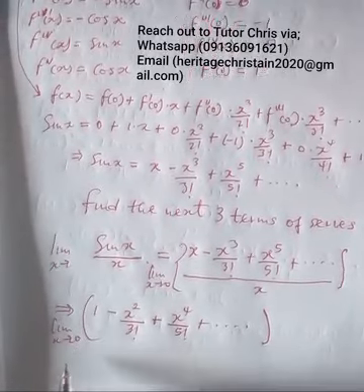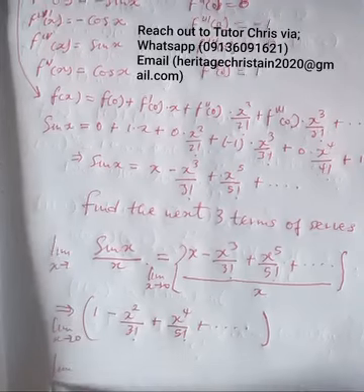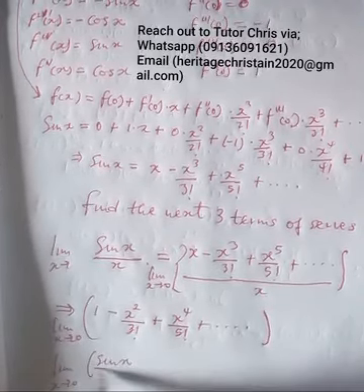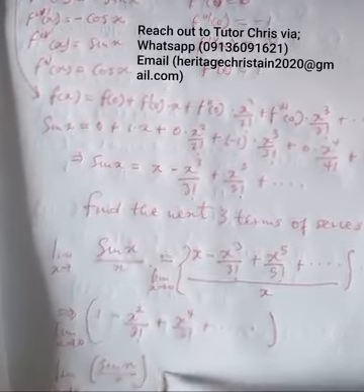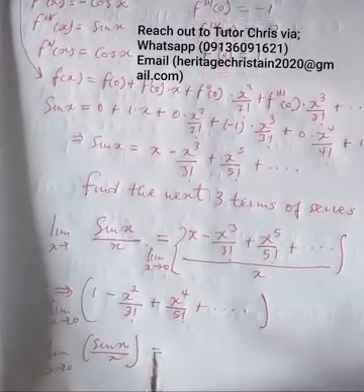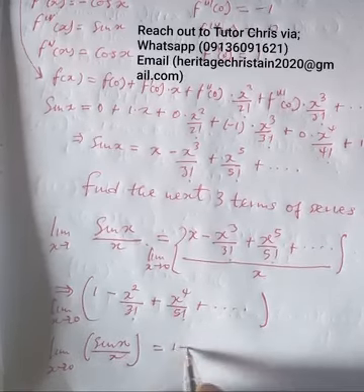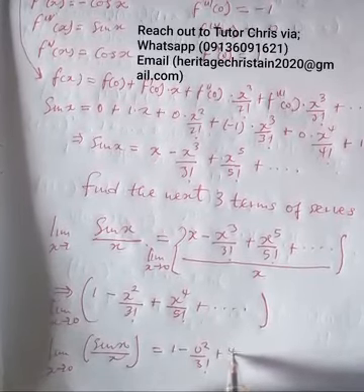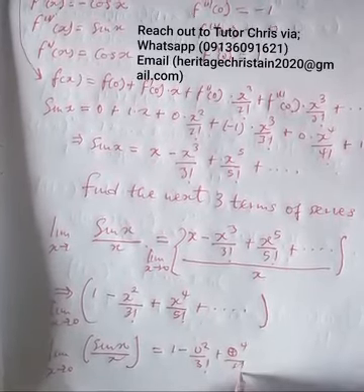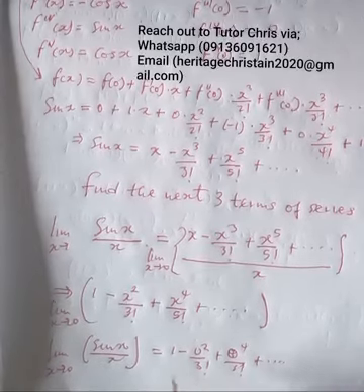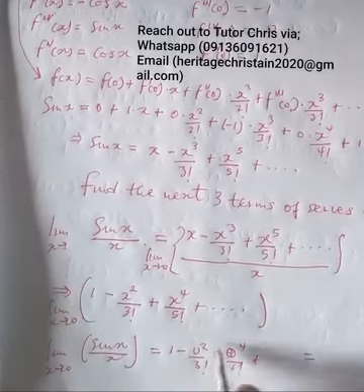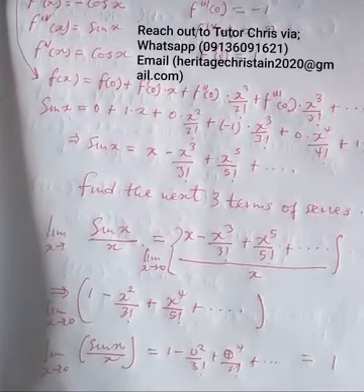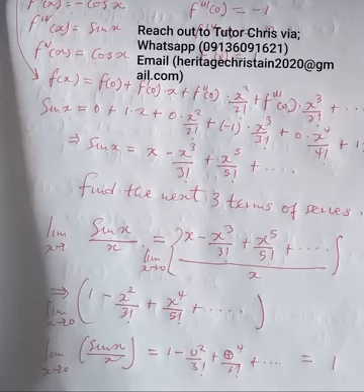So therefore, the limit as x approaches 0 of sine x over x equals, wherever we see x, we write 0. We're having 1 minus 0 to the power of 2 over 3 factorial plus 0 to the power of 4 over 5 factorial plus dot dot dot. That's awesome. Everything here will be 0 and continue like that, so it equals 1. So that's how we obtain 1, and I hope you get that now.